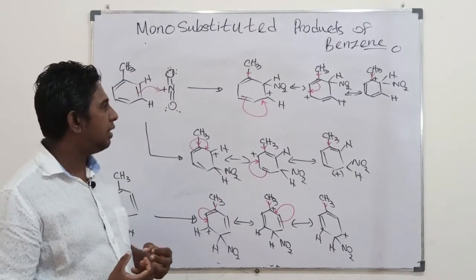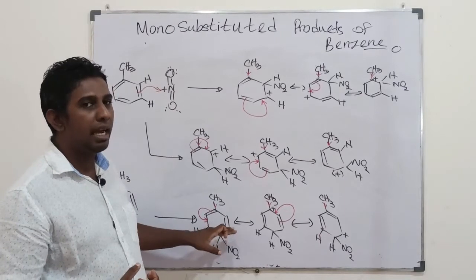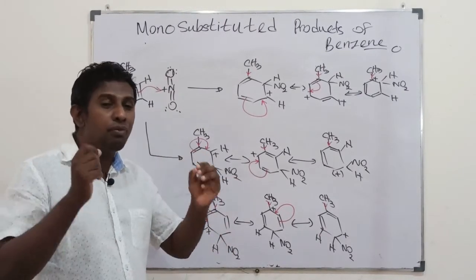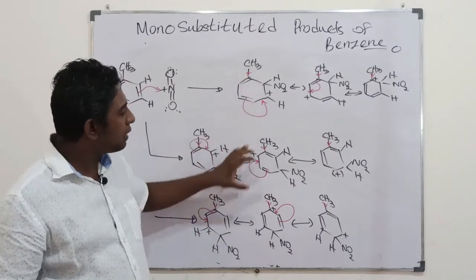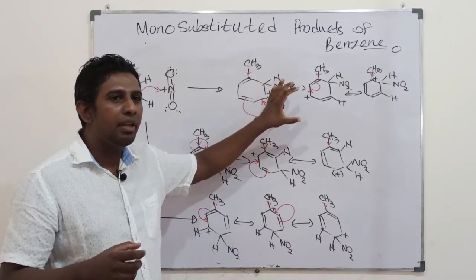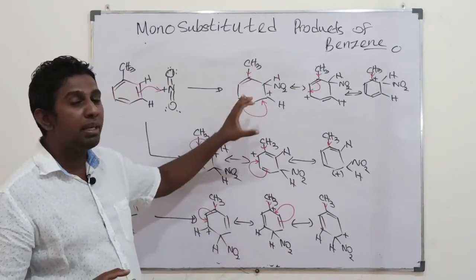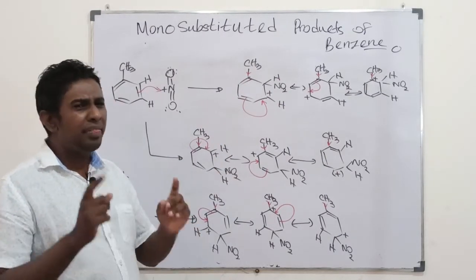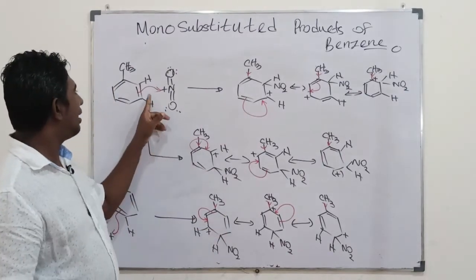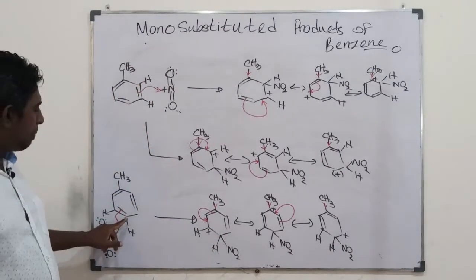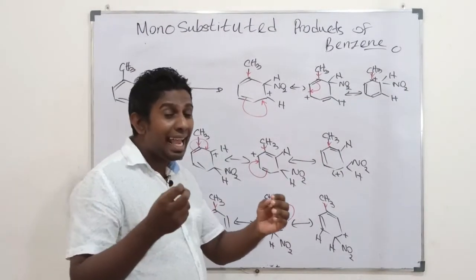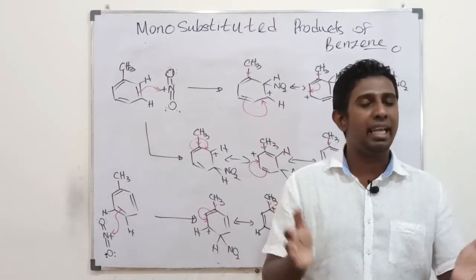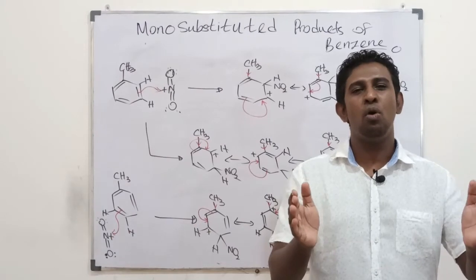Therefore, these intermediates are more stable compared to this one. Formation of the more stable intermediate cation is more favored. Therefore, attack at the ortho and para sites would be more favored.